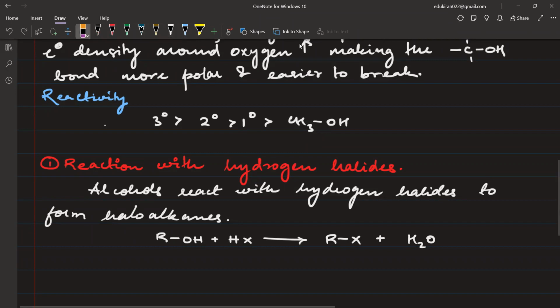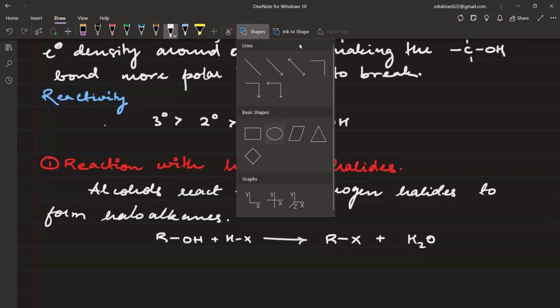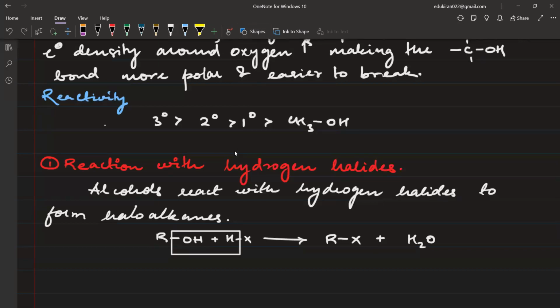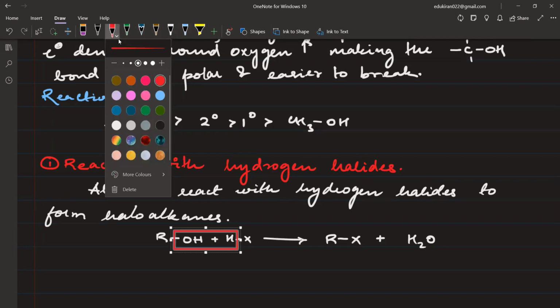If I keep this HX as a bond, then this water molecule leaves, and what do we get? We get water and RX. Okay.